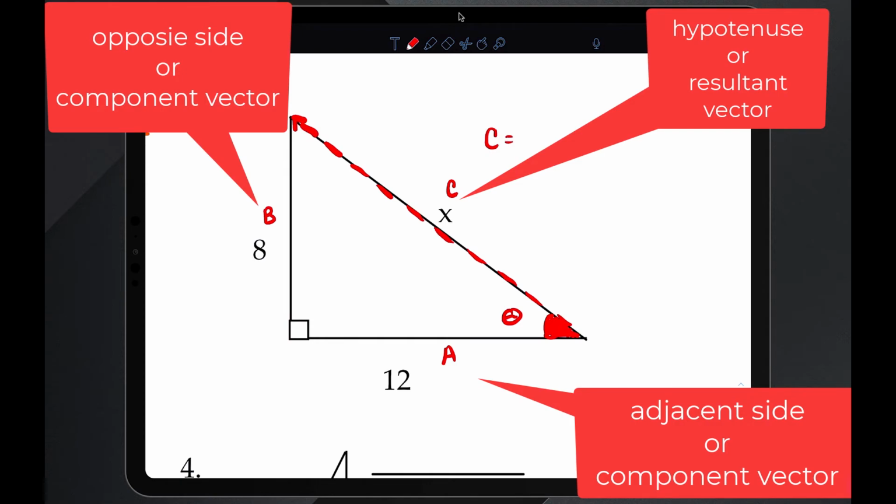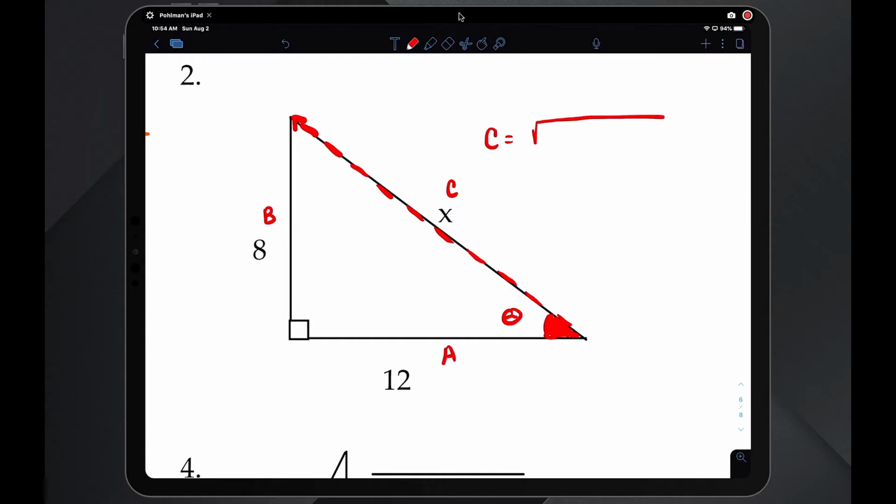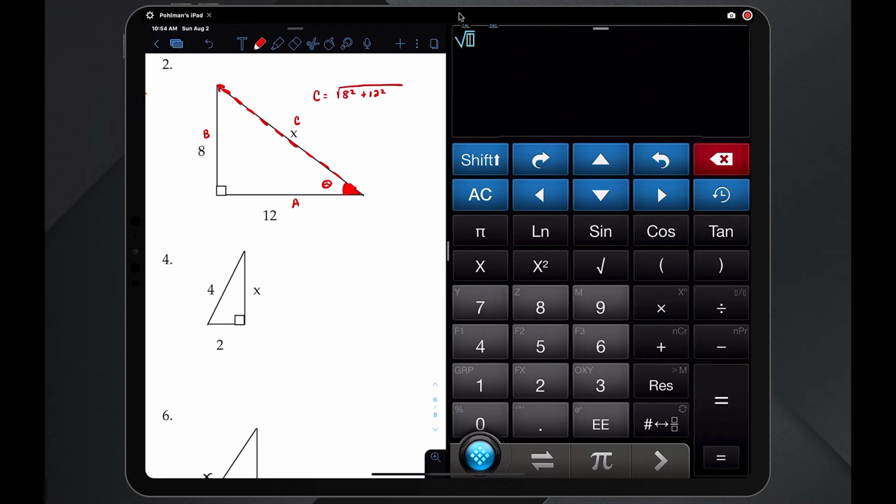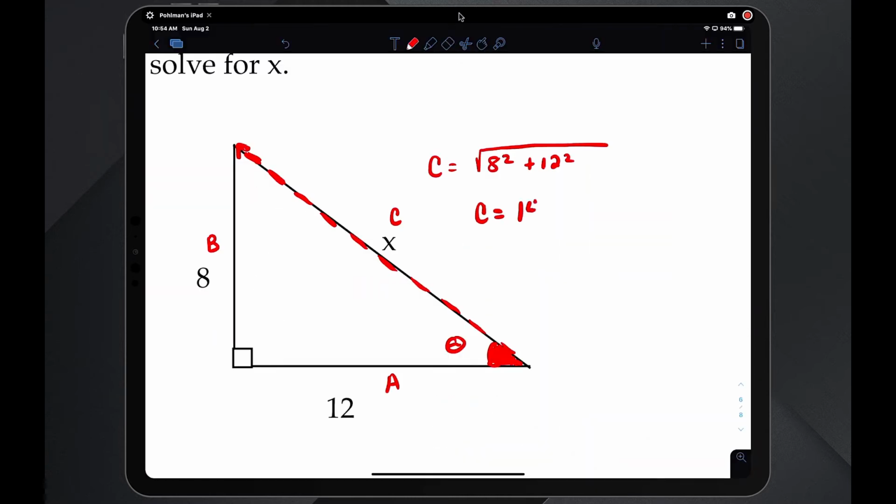So we have c equals the square root of 8 squared plus 12 squared. Time for the calculator. Square root of 12 squared plus 8 squared gets you 14.4. c equals 14.4 meters.